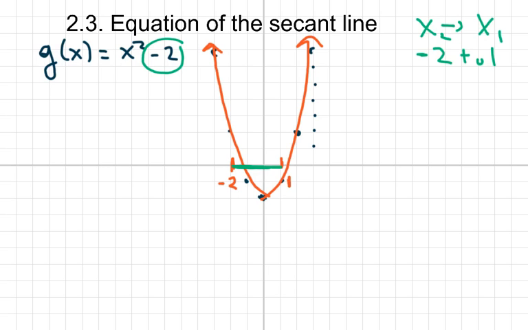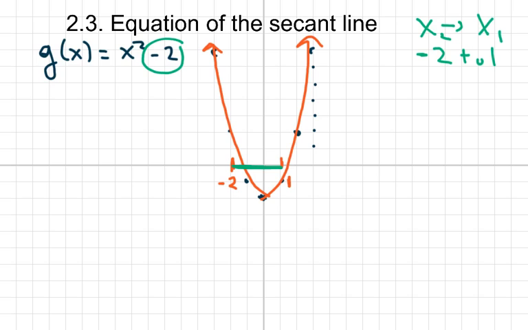Now what's happening on the y? And we're going to draw the line that goes to that. So the first thing we have to do is find out what is our y. So we're going to first find the slope, or the average rate of change, which we did in the previous video.